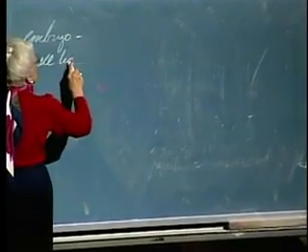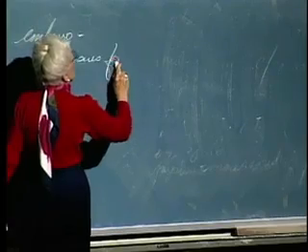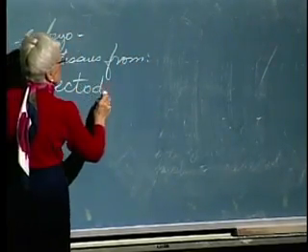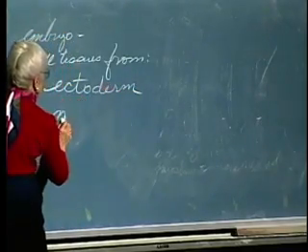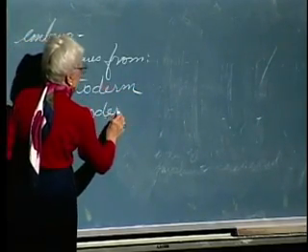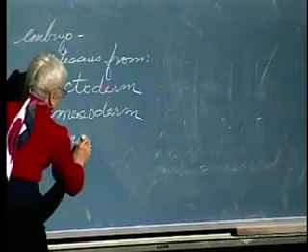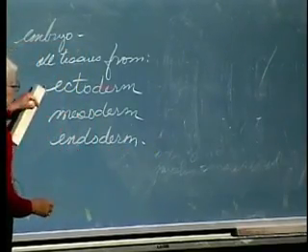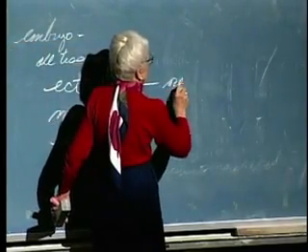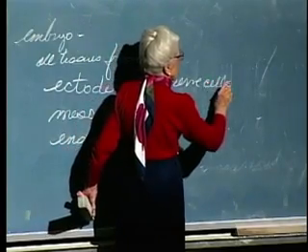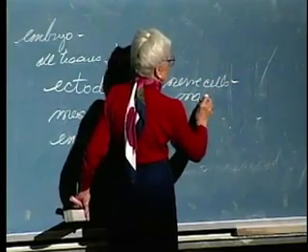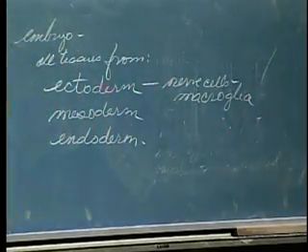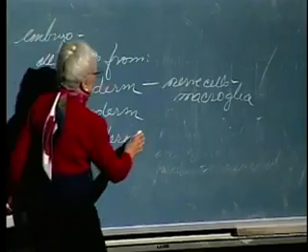All tissues come from either ectoderm, mesoderm, or endoderm. Nerve cells come from ectoderm, and so do macroglia. Microglia come from mesoderm.